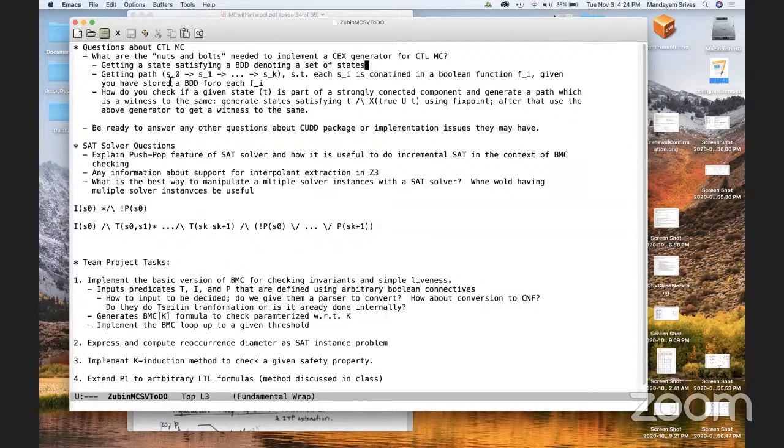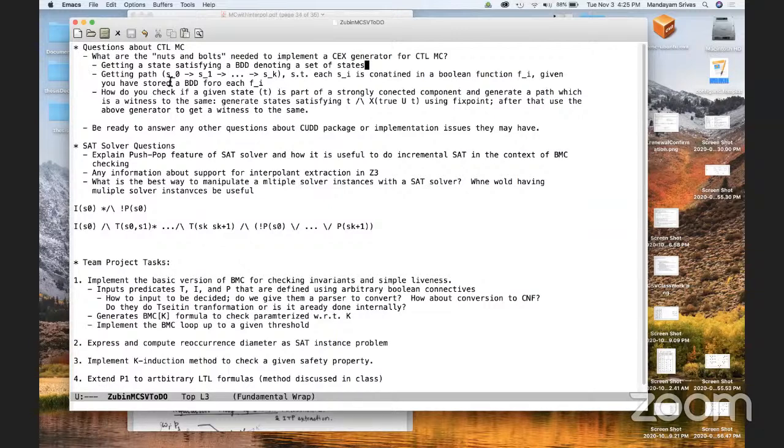From there, you take that initial state and then take its successor state, which is a state that is in tau 1 and also related by T. That's how you do it. Then you will get the minimal counterexample.